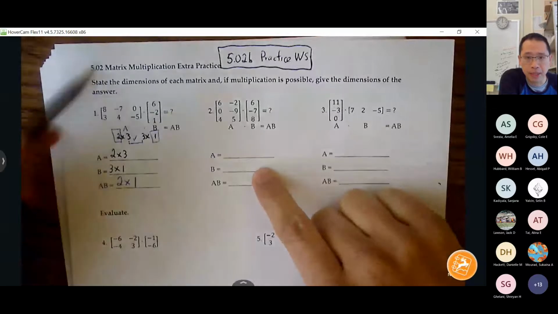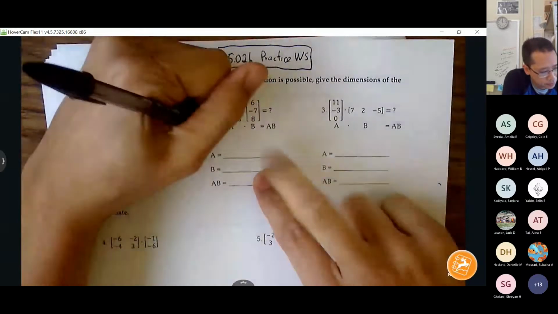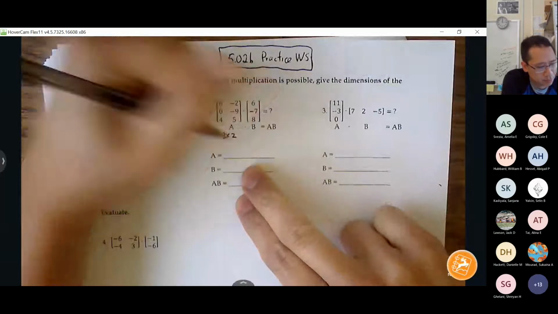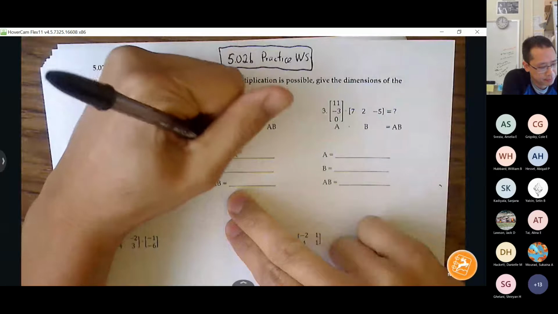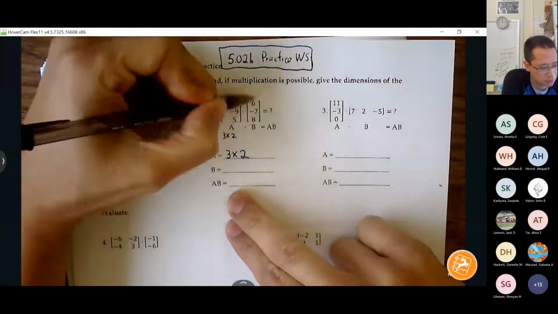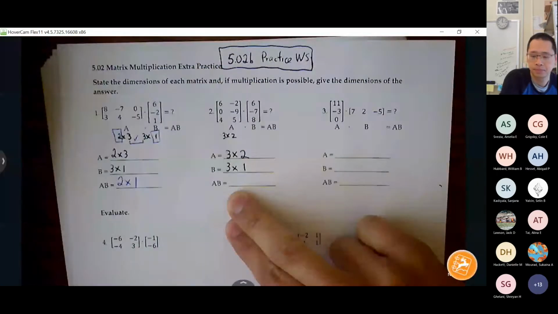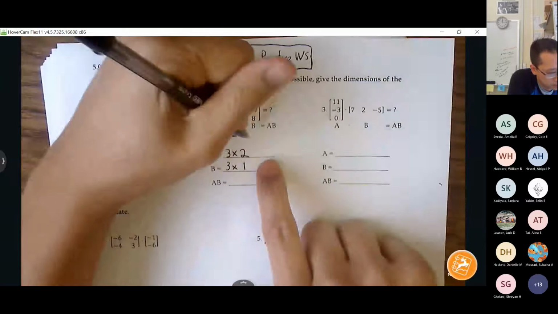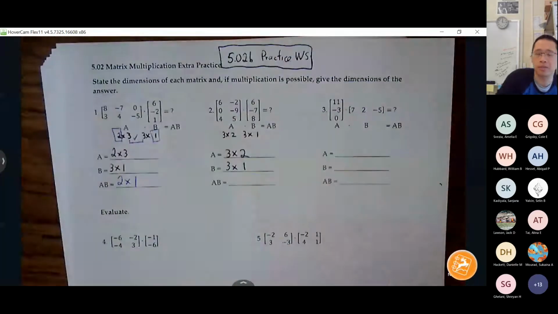Okay, matrix A, 3 by 2, 3 rows, 2 columns. Matrix B, 3 by 1. It's not going to quite line up, right?